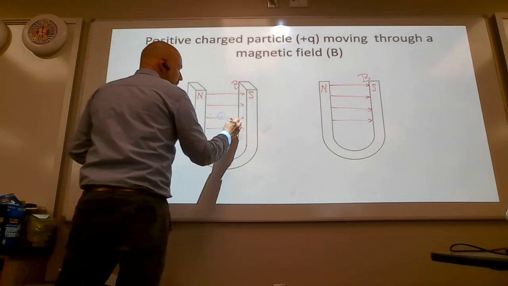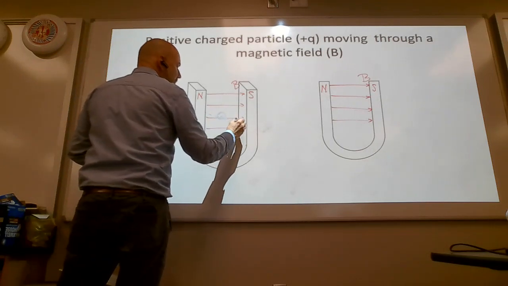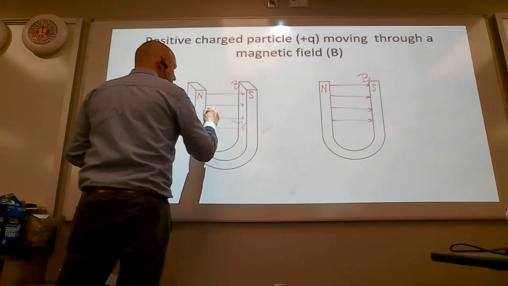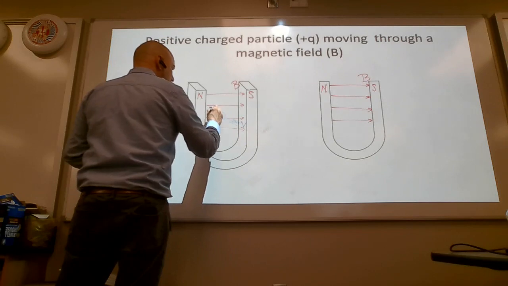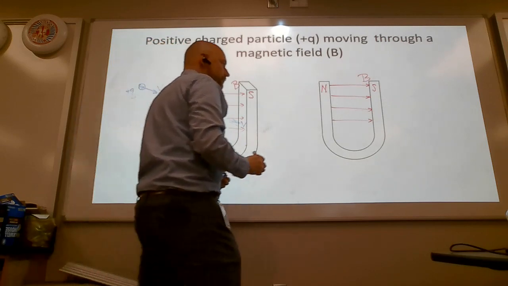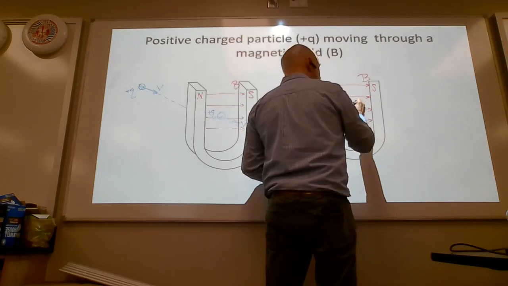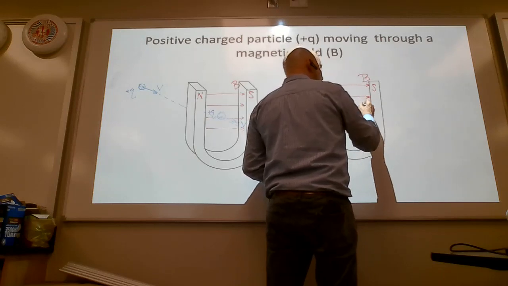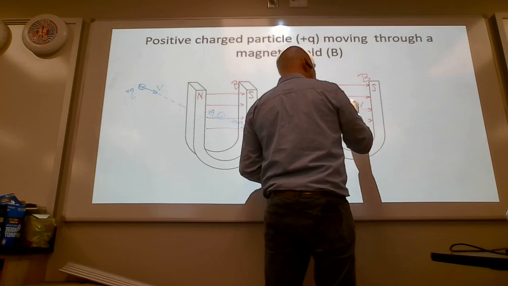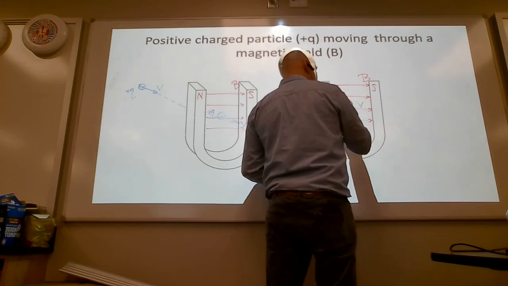It's moving this way with some velocity, positively charged. Two-dimensionally, that looks like your circle with a dot.